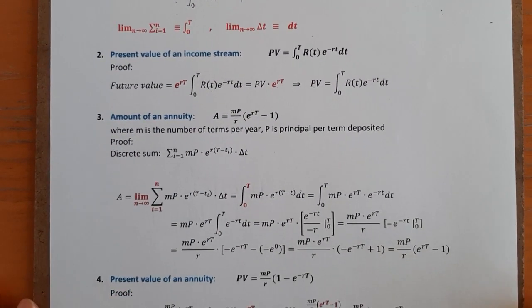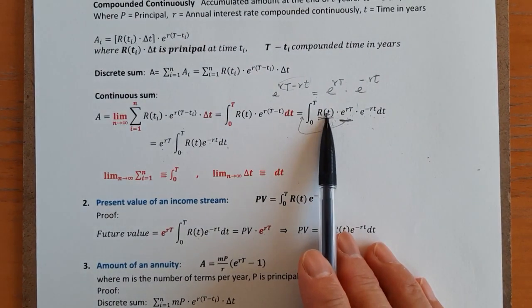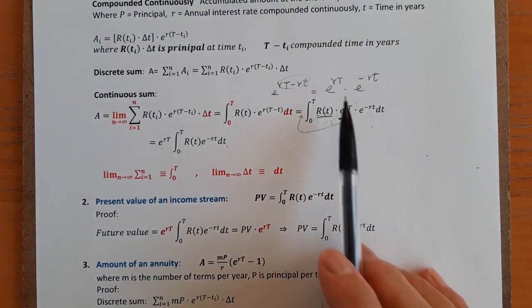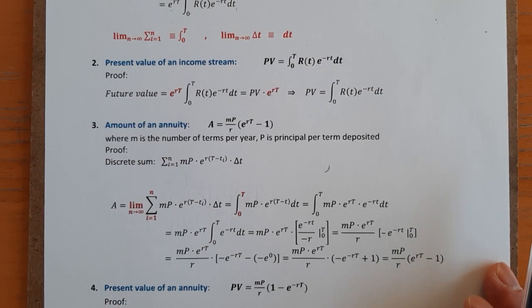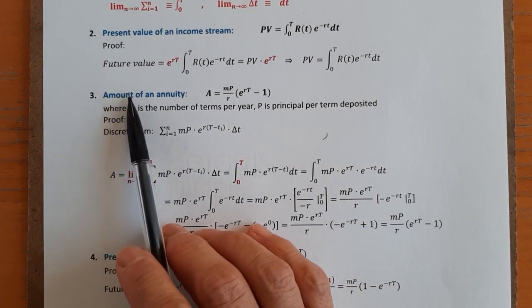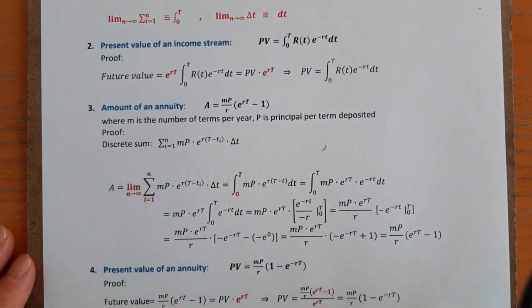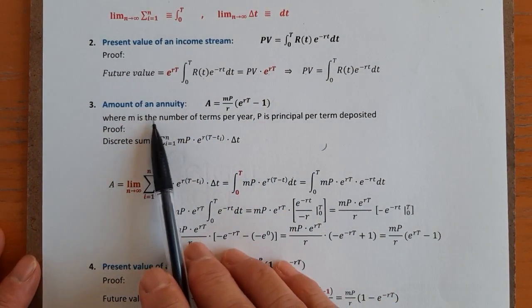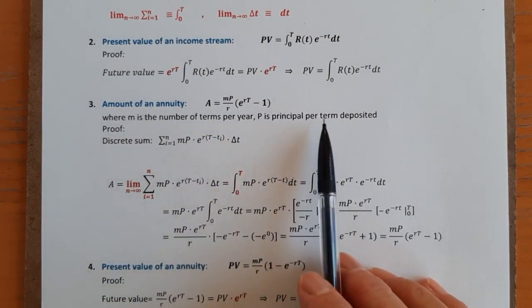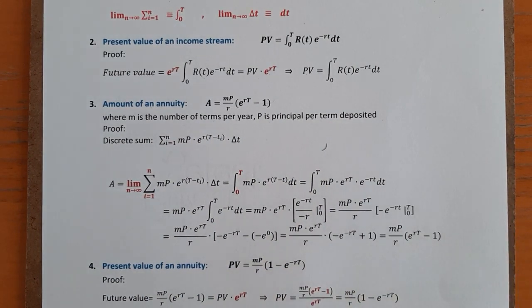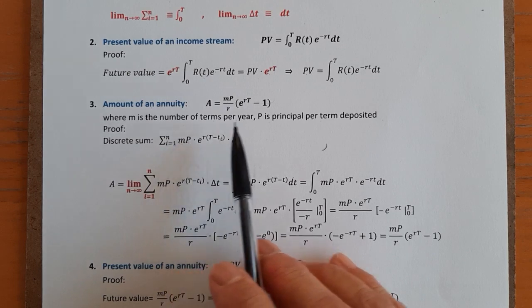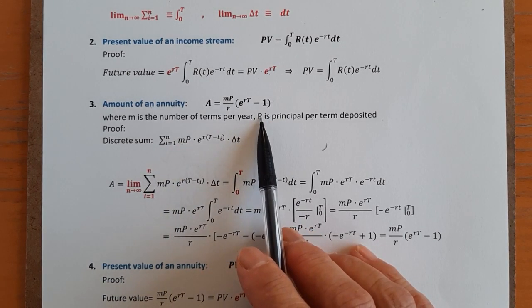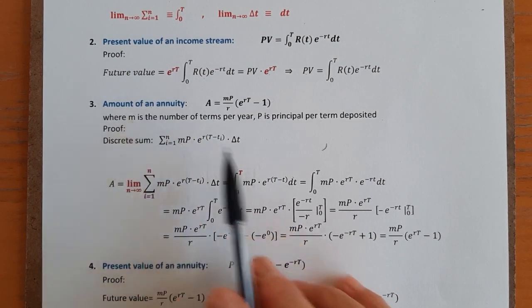Next one. Now if r(t) is fixed, a constant that doesn't change with time, we call it the amount of an annuity, and this is the formula, where m is the number of terms per year and p is the principal deposited per term, the same amount each term.